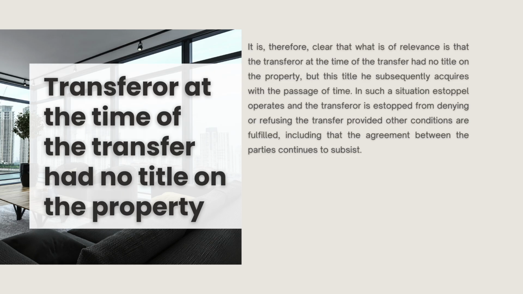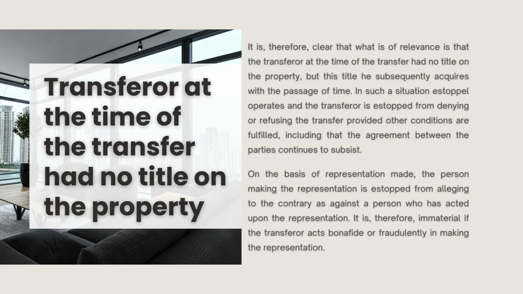It is therefore clear that what is of relevance is that the transferor at the time of transfer had no title on the property, but this title he later acquires with the passage of time. In such a situation, estoppel operates, and the transferor is estopped from denying or refusing the transfer provided other conditions are fulfilled, including, as we mentioned earlier, that the agreement between the parties continues to subsist.